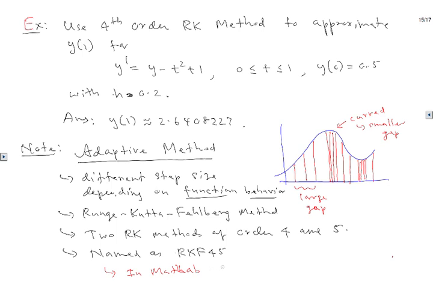In MATLAB, we call this ODE45. That's the Runge-Kutta order 4-5 method. This is very, very accurate, and you're going to get excellent results. Good. So this is the end of the numerical techniques discussion.